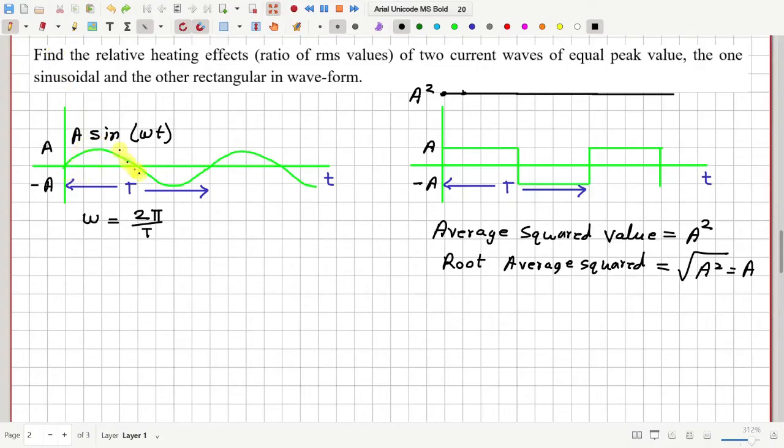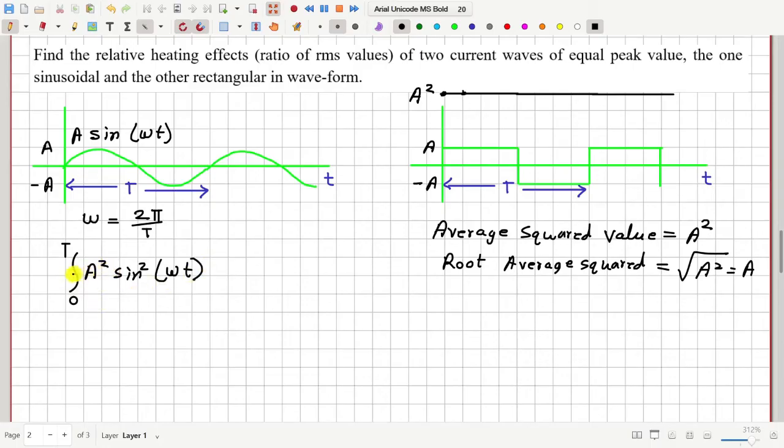Now to calculate the RMS value of this function, I will first square it, which will be A squared sine squared omega t. Then I will integrate it from 0 to capital T over a complete cycle.